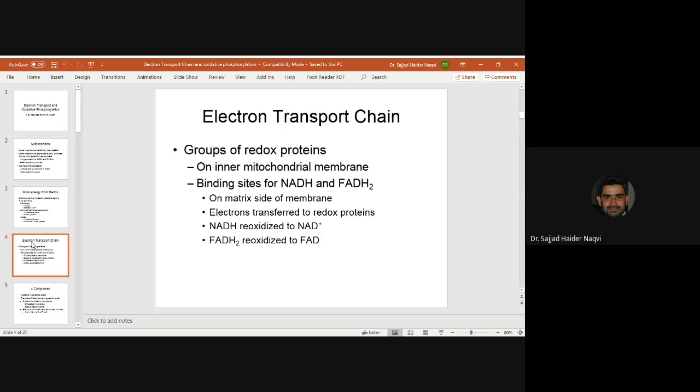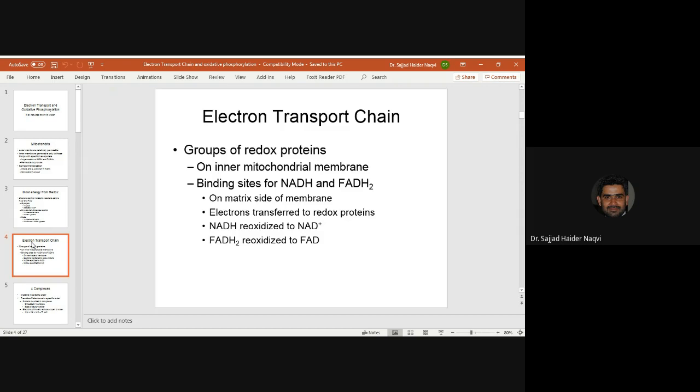So these redox proteins have binding sites by which the NADH and FADH2 can attach. This attachment is on the side of the matrix, and as a result of this attachment, the NADH and FADH2, which I refer to as electron carriers because they carry electrons, transfer their electrons.